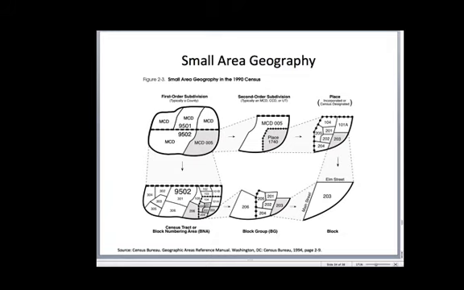So here is a figure that shows the small area geography. In other words, now we're down at the level of a county and below, typically. So in the first figure here, the first order subdivision, typically a county, is bounded by this area here. Within it are minor civil divisions listed here.